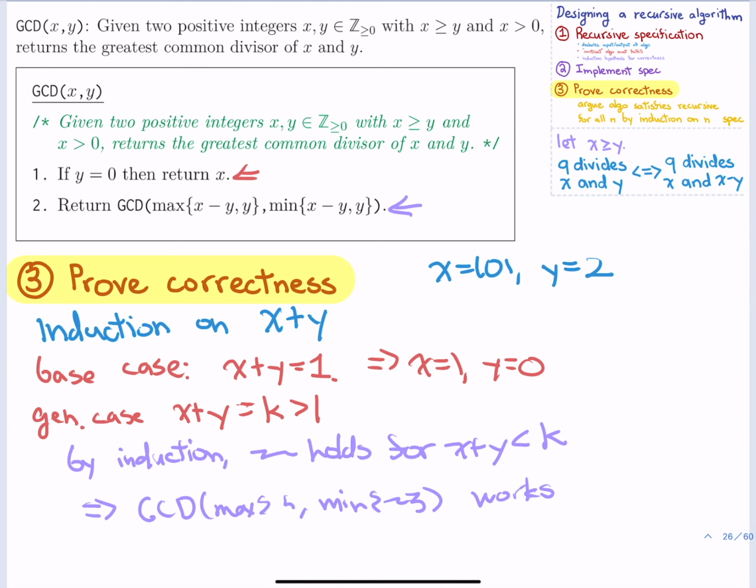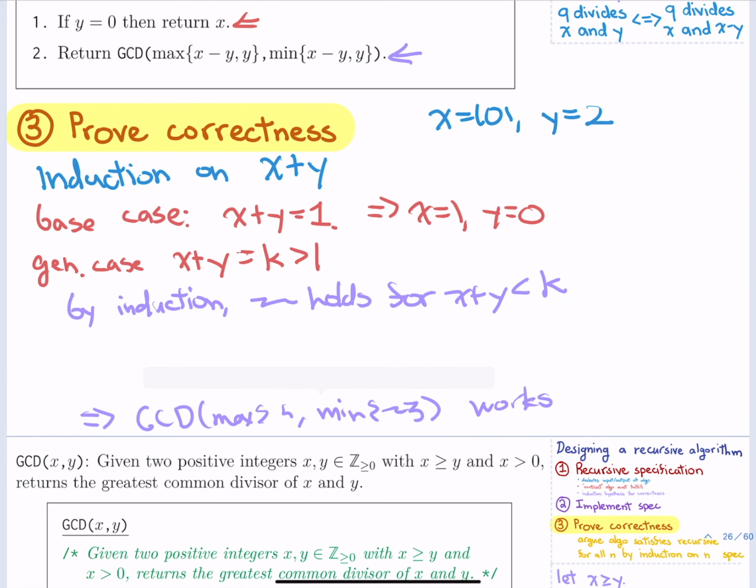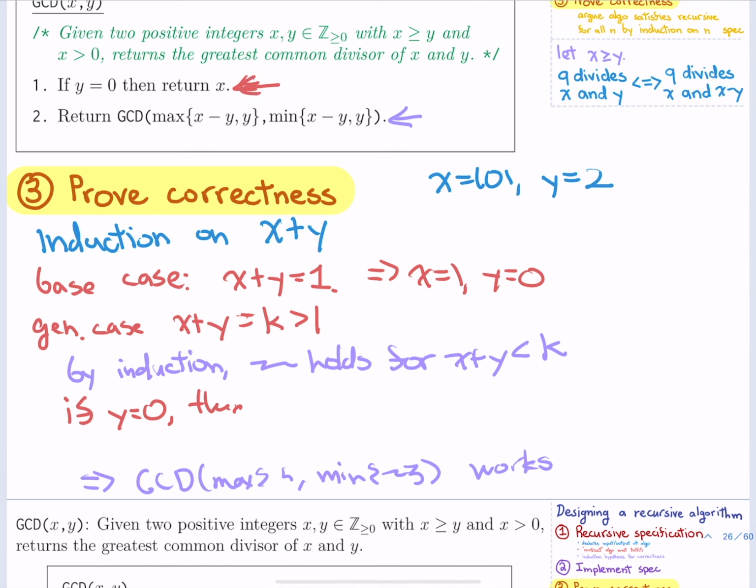It does go down by y, but sometimes it doesn't go down, even if it goes down by y. You have to still address y equals 0. So you do have to write, if y is equal to 0, then it outputs x, and that's correct because the greatest common divisor of x and 0 is x. So you check that off, and that's okay.